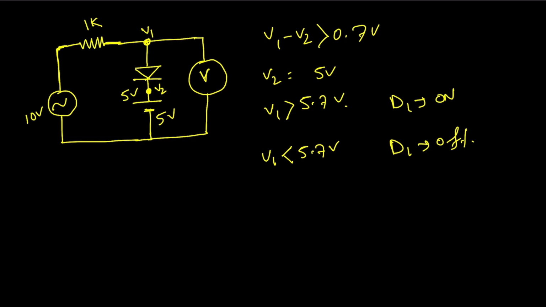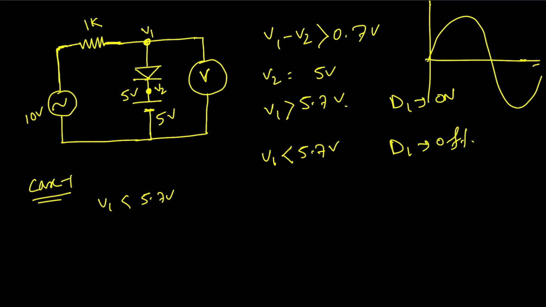So, case 1: V1 is less than 5.7 volt. That means in the sine wave, suppose this is 5.7. We will talk about this particular time period when the input voltage is less than 5.7 volt.